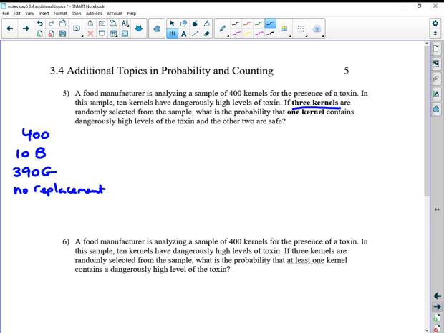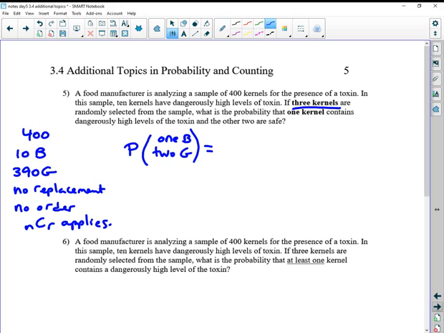Does it matter what order I get those toxin kernels? No. So no order to this. So that is going to be a combinations situation. And so we want to get our things. So if we have the probability that we have 1 bad and we need 2 good, and we're going to pick them using combinations.